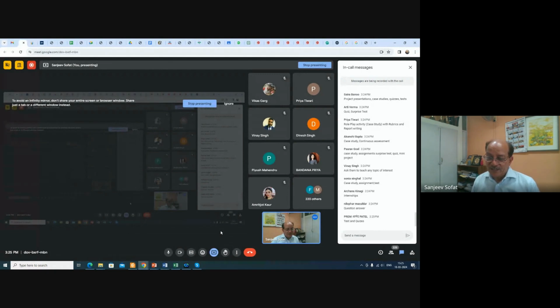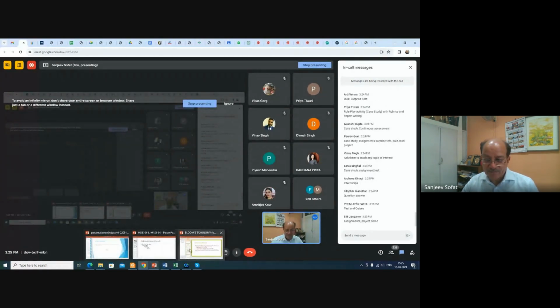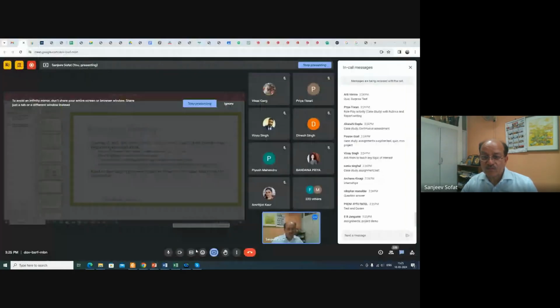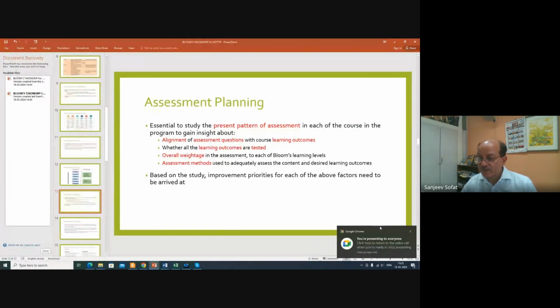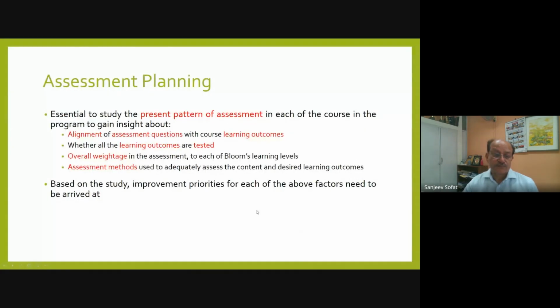That means with this whole analysis, what we have analyzed is that these are some of the assessment methods which you talked about, and they lead you to some sort of learning outcome. How exactly will you take care of the learning outcome there? And based on this study, improvement priorities for each of the factors need to be arrived at.